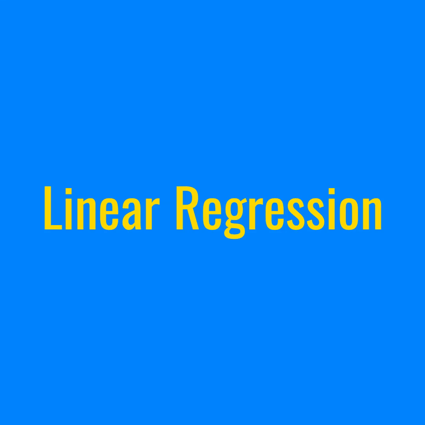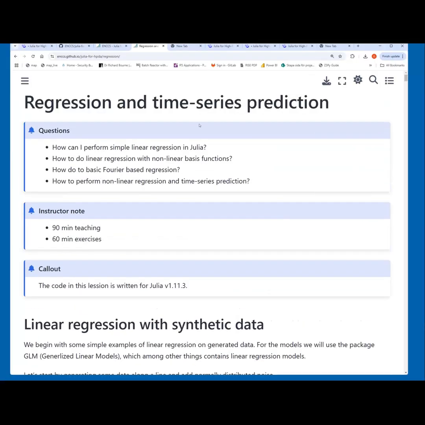Yes, I'm David, and I'll be talking about linear regression to start with today. We'll be talking about non-linear regression and neural networks and things like that a little bit later, so on Friday, I think it is.